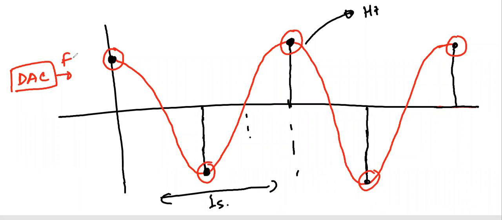If I put only those samples to the digital to analog converter as an input, the output would be an analog signal. What could be the frequency of that analog signal? Any of you?